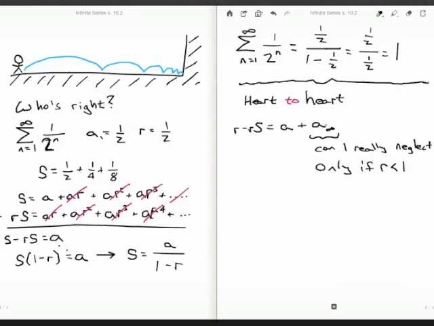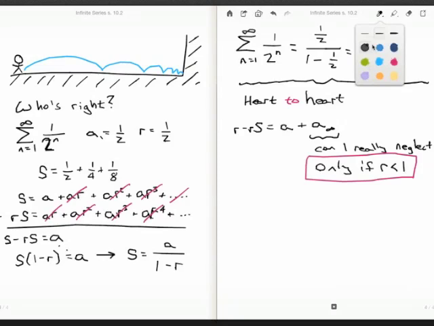Only if my terms get smaller and smaller and smaller, like they do in this last example with walking towards the wall, can I neglect this. So this is a very important rule. In fact, that's so important I'm going to give it the red box award. Only if R is less than 1 will that work.